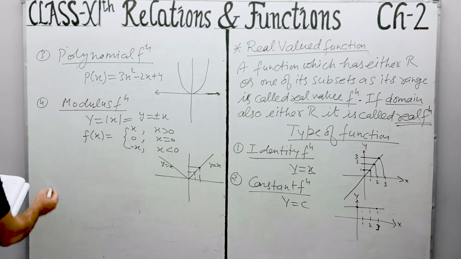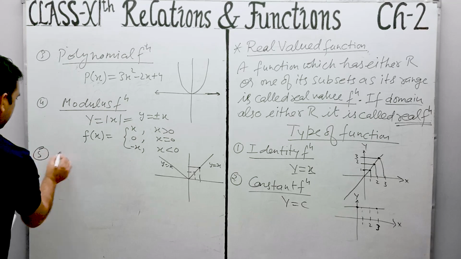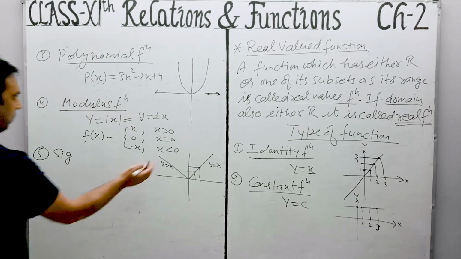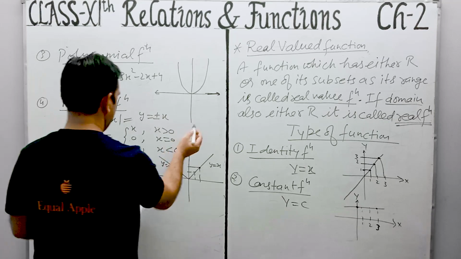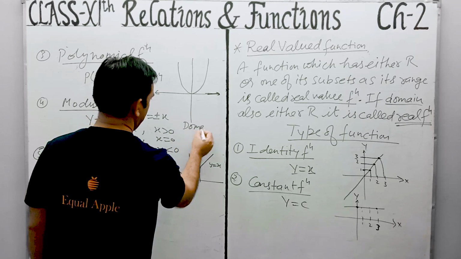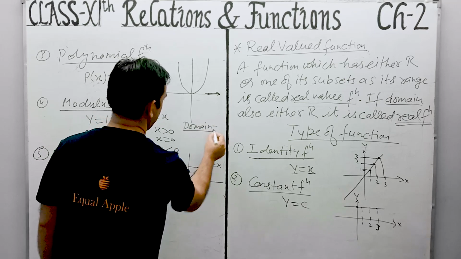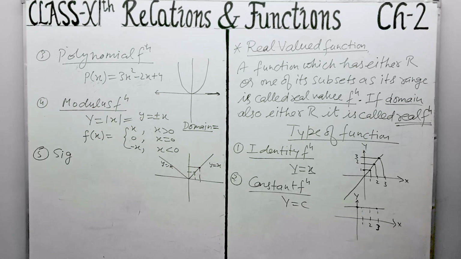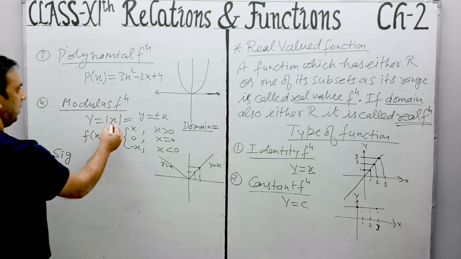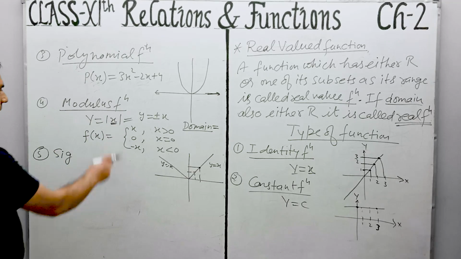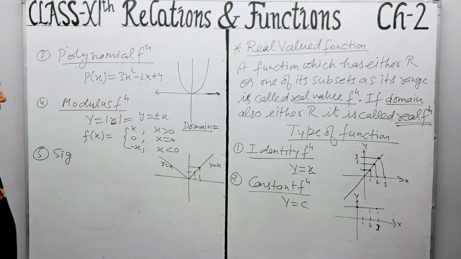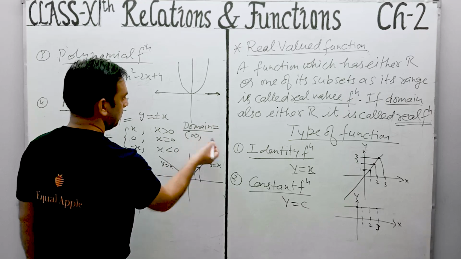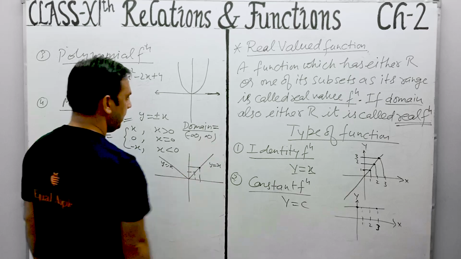Now the next type of function is the signum function. But one more thing: if we are asked for the domain of this function, the domain is actually the values of x. Here we can put any real number from minus infinity to plus infinity.